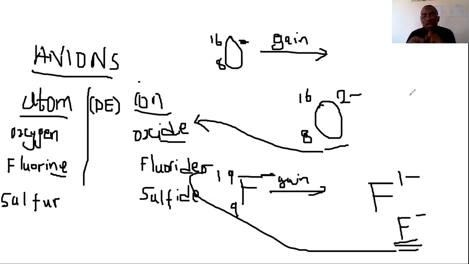And then we go into the writing of the ionic symbols. So basically that is what we needed to know on the anions for today. We'll continue talking about anions in the next section. Otherwise, this is what we had for today's session.